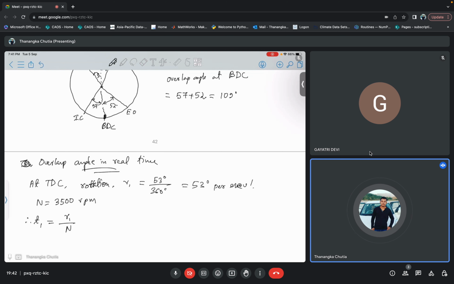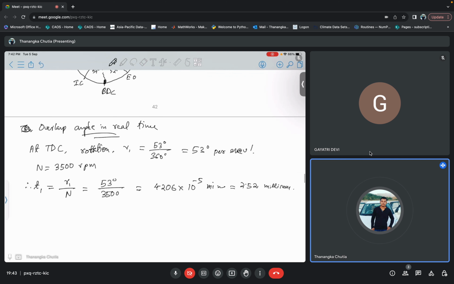If you put R1 as 53, and you can express this in pi radian if you want, I am just writing in degree, and this is in rpm. Finally, if you convert this, you will get 4.206 into 10 to the power minus 5 minutes, which expressed in milliseconds is 2.52 milliseconds.